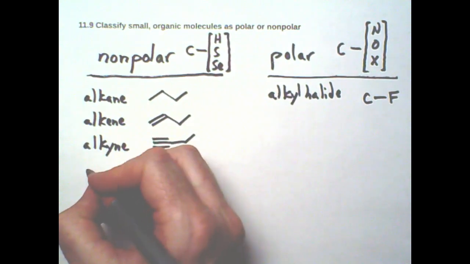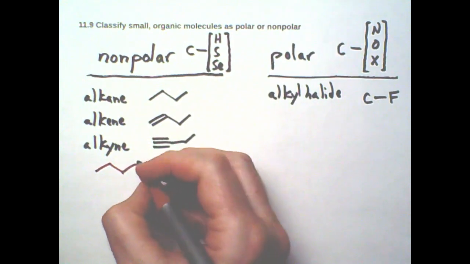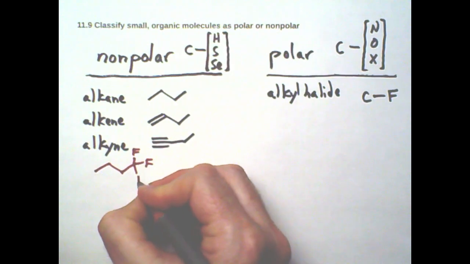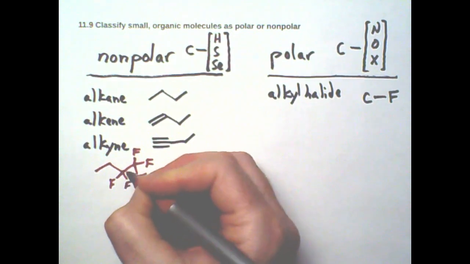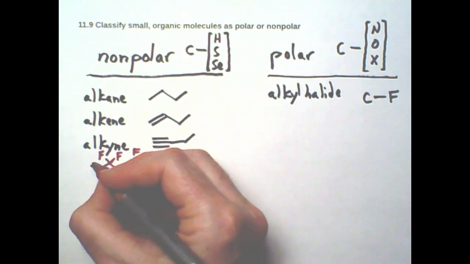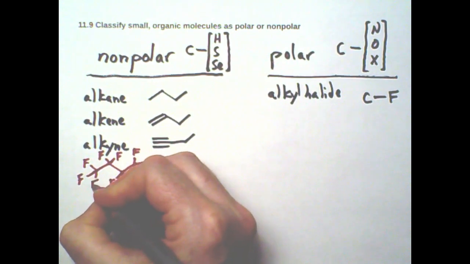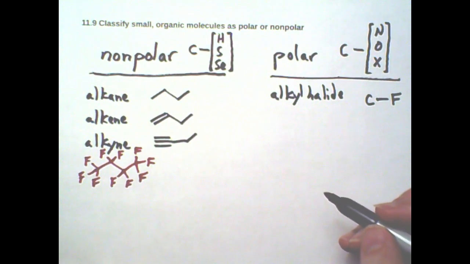So I'll write that over here. Then you have all this symmetry where on the outside all these F's pull electrons toward them, but they all pull them the same amount. So a completely halogenated alkane is going to be nonpolar. So there's an exception. Let's go to the next.